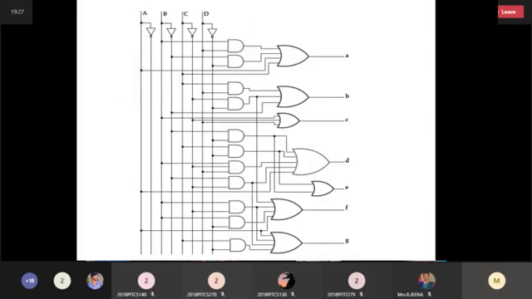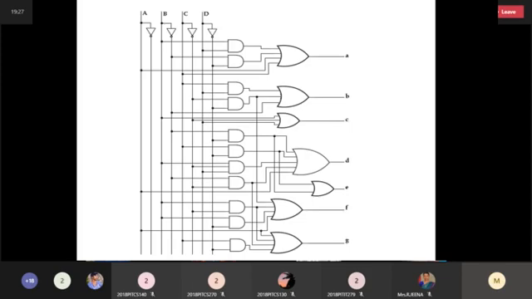The output of these AND gates, along with the A and C variables, go through an OR gate. So all are OR gate. By this way you have to draw the logic diagram.